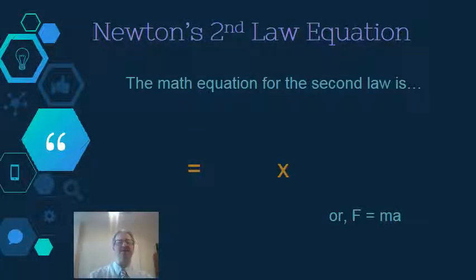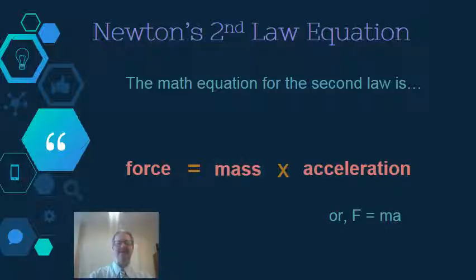The equation that we use when we're solving for Newton's second law is force equals mass times acceleration, or F equals ma. It's another way to write that. So you want to write this down too. Force equals mass times acceleration.